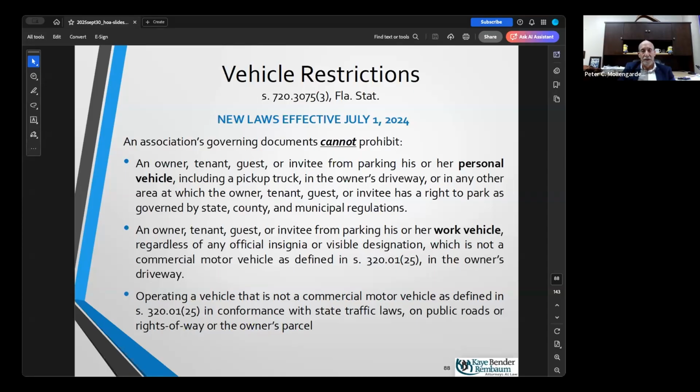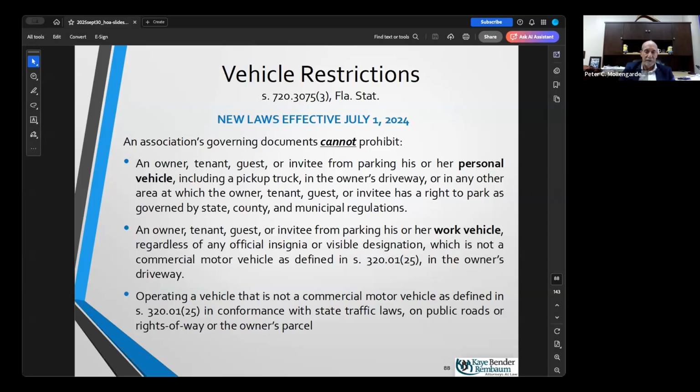So in our firm's opinion, and I think most practitioners who do what I do, this particular law would not override or impair an existing valid vehicle restriction, i.e. no trucks in the community, including the driveways, unless that community's documents had what we call Kaufman language, where it was subject to changes in the law.